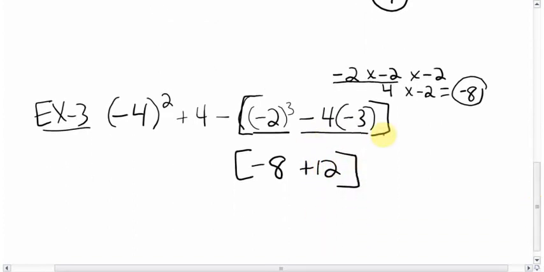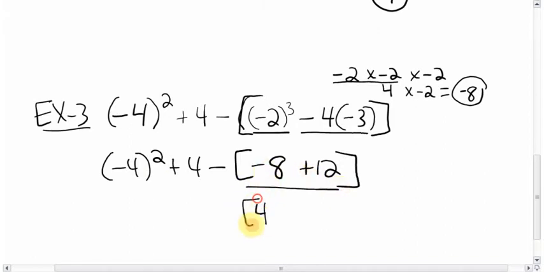Okay, normally I would do that as a separate step, but you can do that all in one step there on the same line. Let's rewrite everything else. Negative 4 squared plus 4 minus all that. Okay, brackets still rule. They're still in the game, so we do that first. Negative 8 plus 12 is 4. So keep it in the brackets. Bring everything else down.